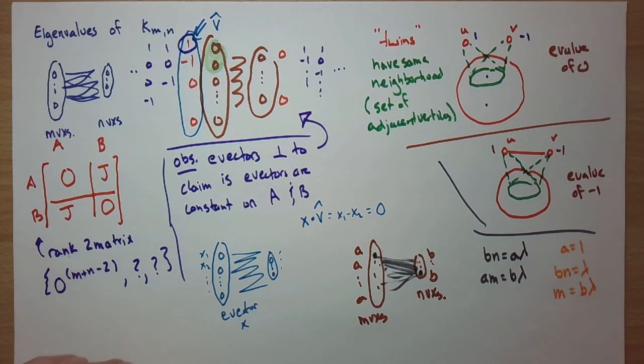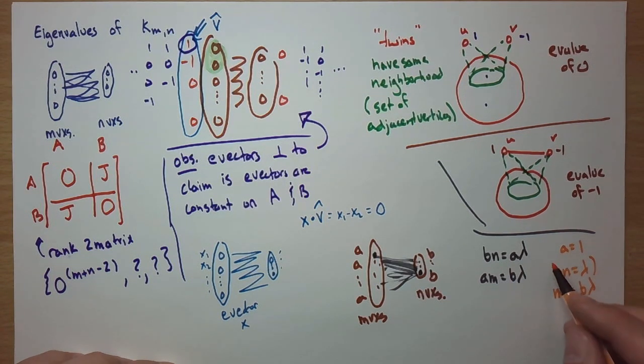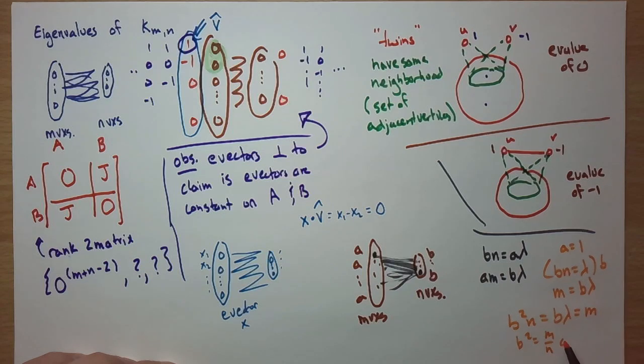So for instance, if we multiplied the first equation by b, we get b squared times n equals b times lambda, which equals m. This is not the way I wanted to do it, but oh well. And so you get b squared is m divided by n, or b is plus or minus the square root of m over n. I really should have been solving for lambda, not for b.